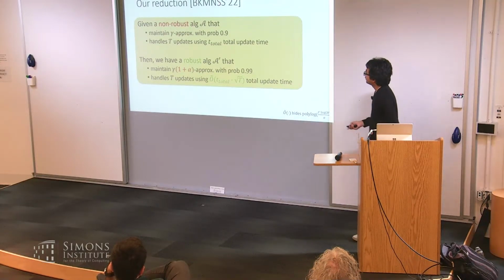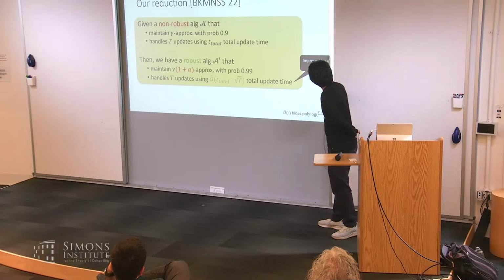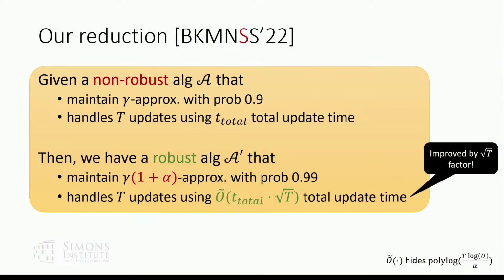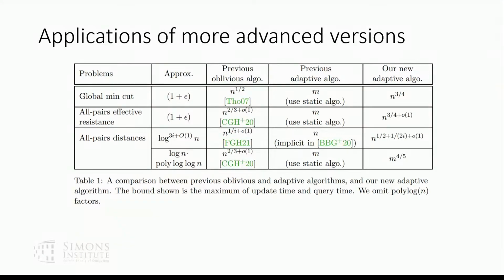All right, so you see we get this improvement of root T. So this is just a simple to state thing. There will be a more advanced version of this whole thing, and it gives a bunch of applications to dynamic graph algorithms.